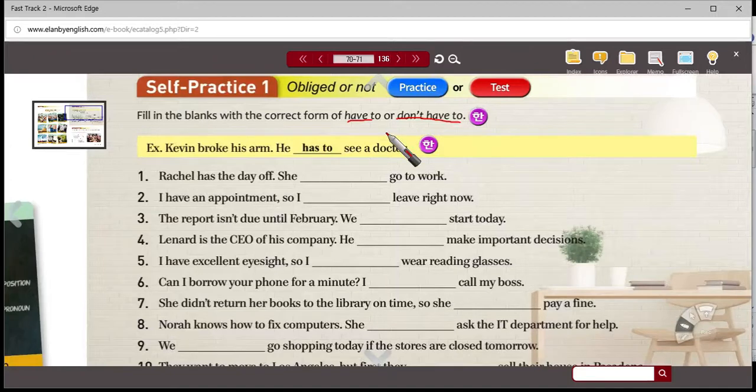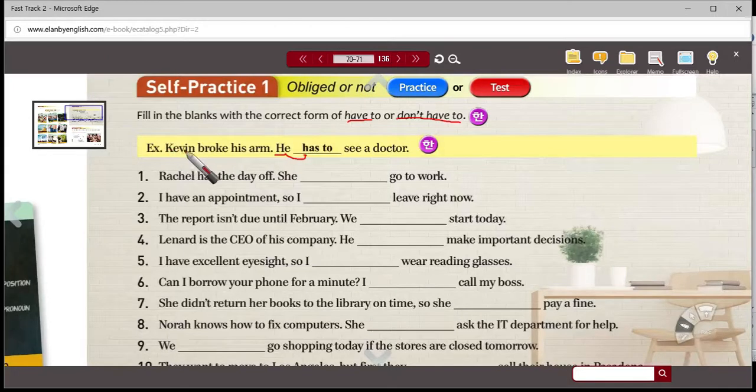Okay? And with the correct form, make sure you focus on the subject. Okay, so in this case, the answer is not have to, it's not don't have to, but it is the correct form of have to. So he has to. So you see the subject and verb agreement. Okay, so that's the first thing.